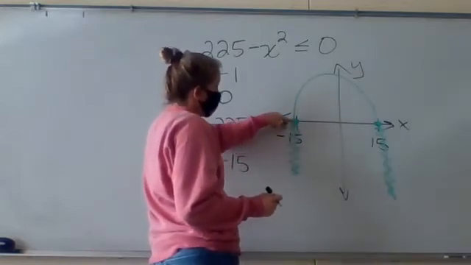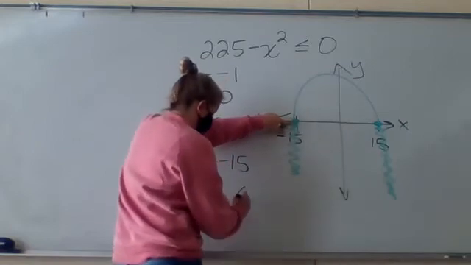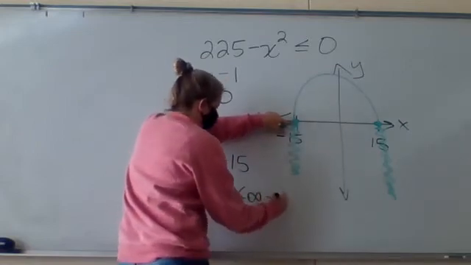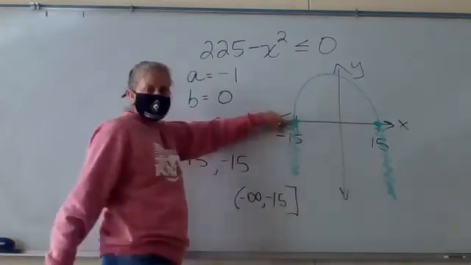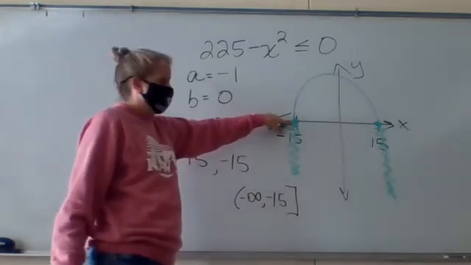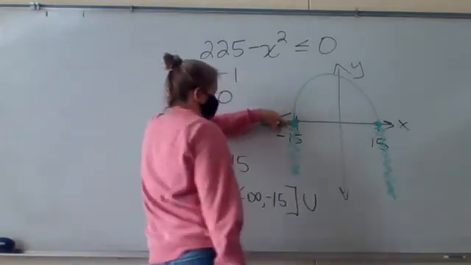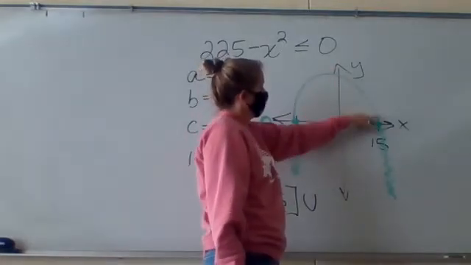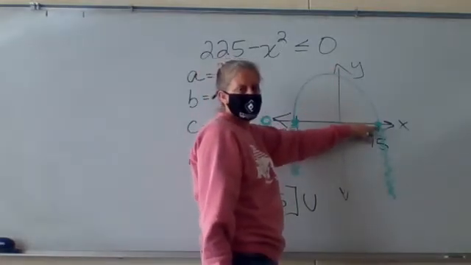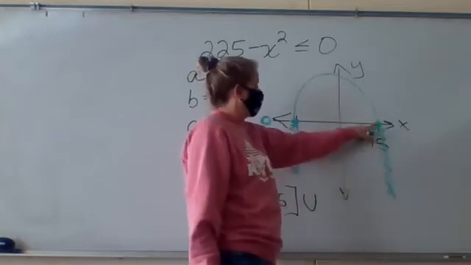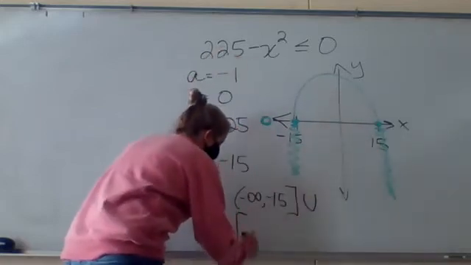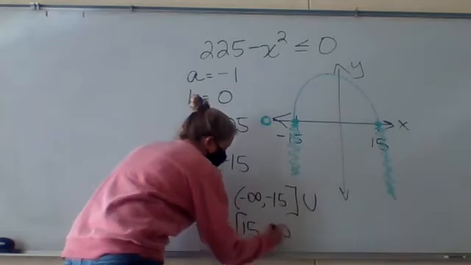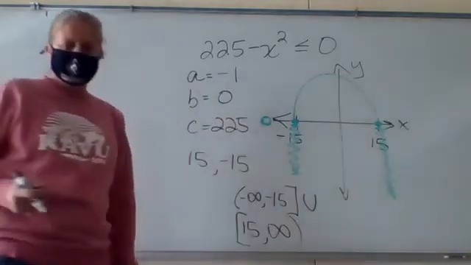Negative infinity to this point, which is negative 15, and including, because of the equal to bar, in union with, then it goes above, greater than 0 here, until it gets to this other 15, where it goes below it again. So again, it starts being below at 15, and then it's below forever to infinity.